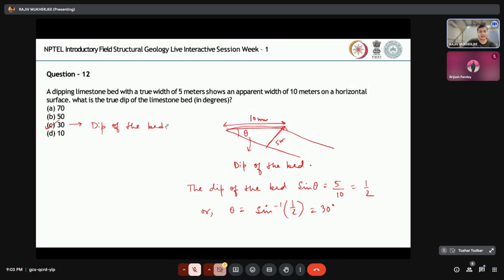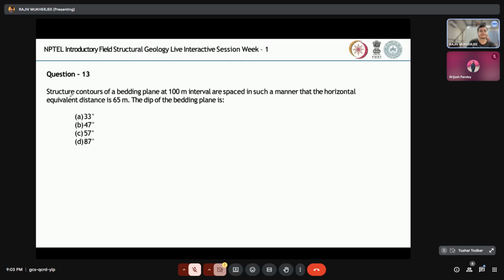Now moving on to another question. Structure contours of a bedding plane at 100-meter intervals are spaced in such a manner that the horizontal equivalent distance is 65 meters. The dip of the bedding plane is to be found, with four options, which are 33 degree, 47 degree and 87 degrees, right?